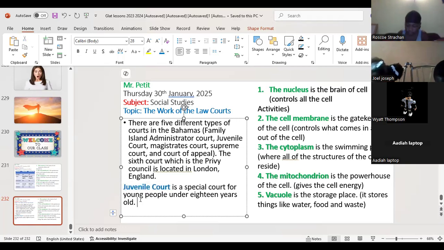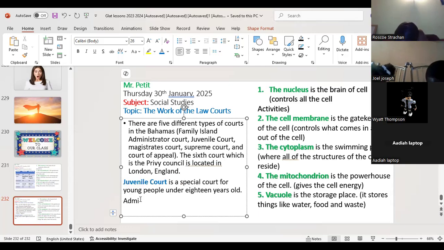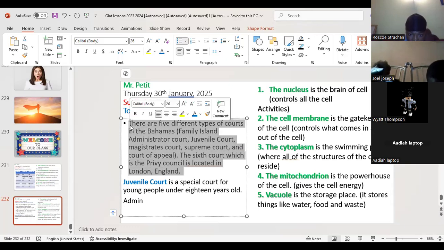So if you are not old enough to go into the big court, you go to the juvenile court. Then we have the administrative court.